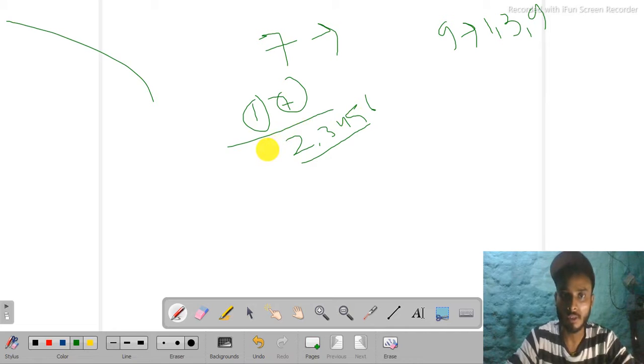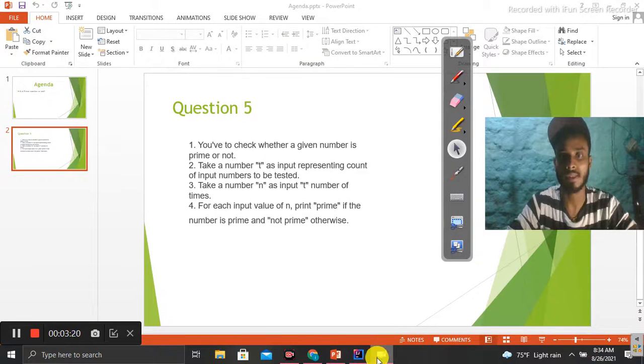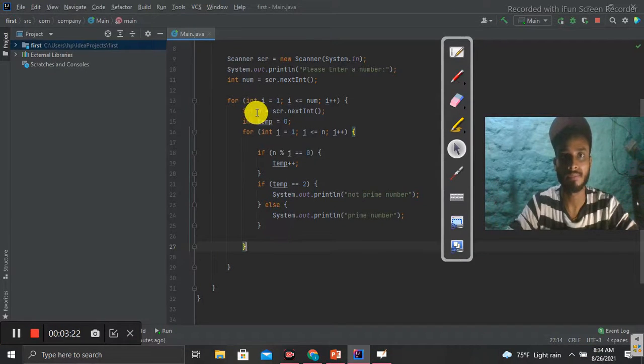So we don't consider 1 here, and the range is always up to n minus 1. Let's see it in the programming and what the output is.